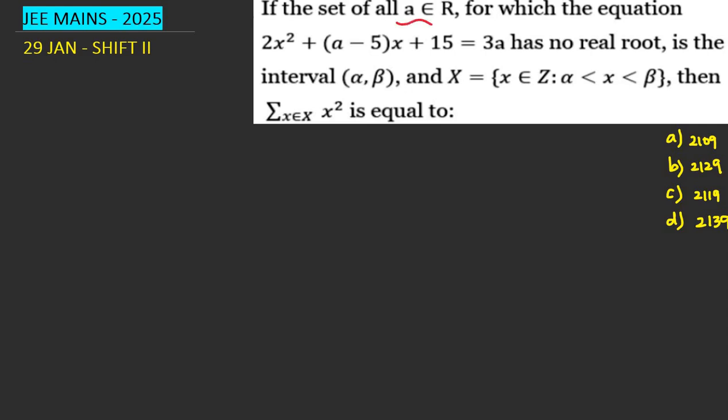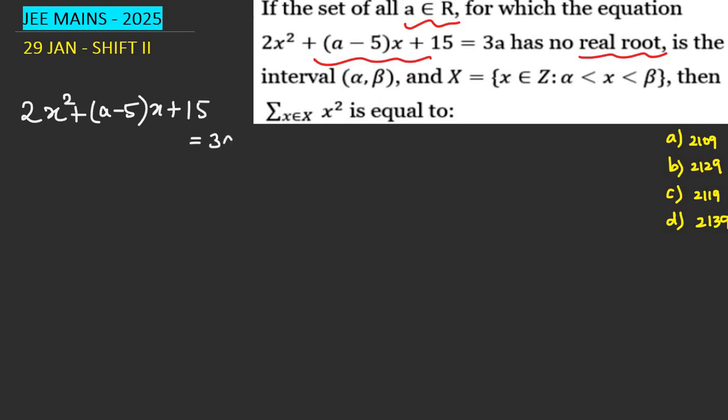The set of all a belongs to R for which the given equation 2x square plus a minus 5 into x plus 15 is equal to 3a has no real root is in the interval, then sigma x square is equal to. So here, an equation that is 2x square plus a minus 5 into x plus 15 is equal to 3a, or this can be written as 2x square plus a minus 5 into x plus 15 minus 3a is equal to 0, which is a quadratic equation.